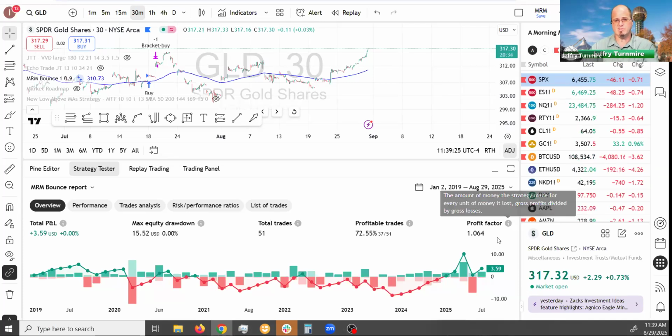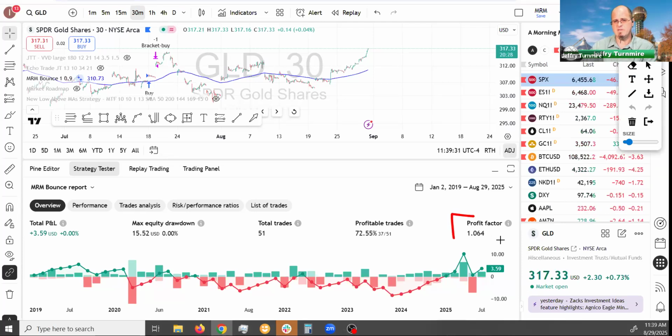So on GLD, not really a banger, right? What number do I look for? For me, if I'm going to put money on it myself, I like to see these things over 2, generally 2 or higher. That's usually a sustainable kind of thing. Now, this right here is saying it returns 6.4%, basically.